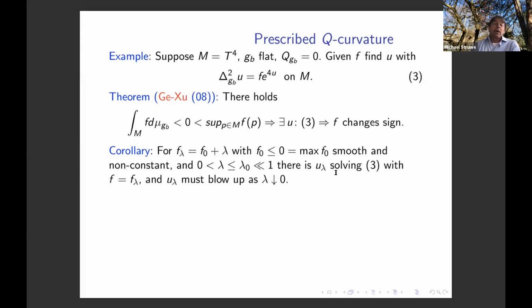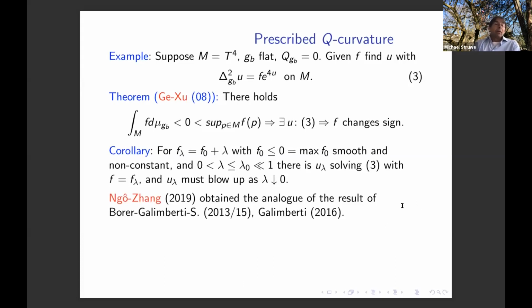And then we find u lambda solving the equation 3 for a range of lambdas between 0 and some constant lambda 0. And moreover, since necessarily for the existence of a solution to 3, f has to change sign, we conclude again that as lambda tends to 0, the solutions u lambda have to blow up. And there's the question how they blow up.